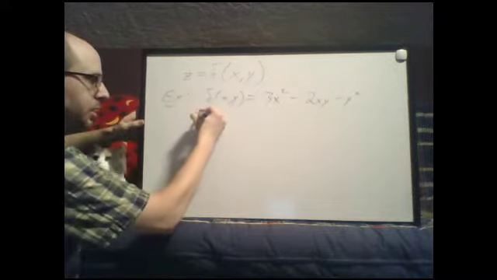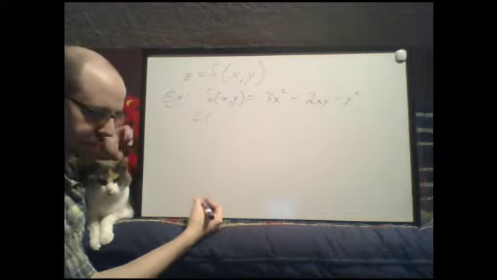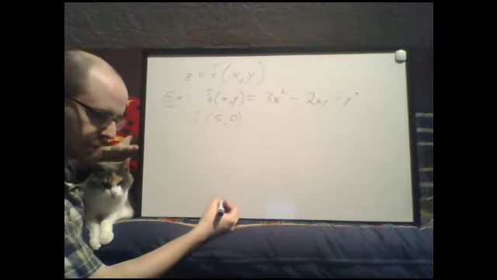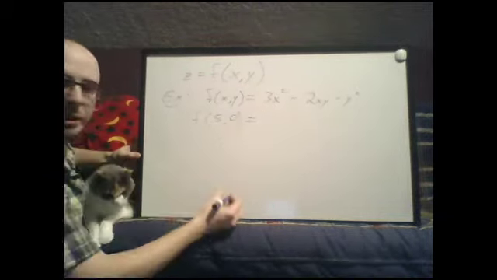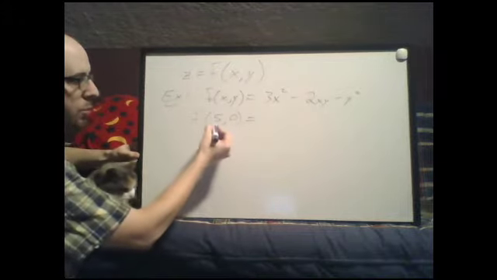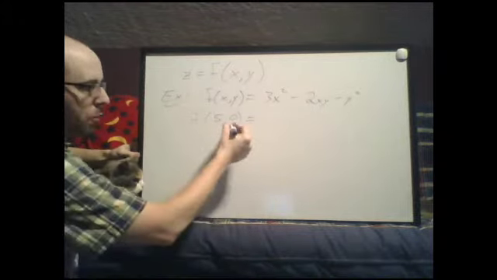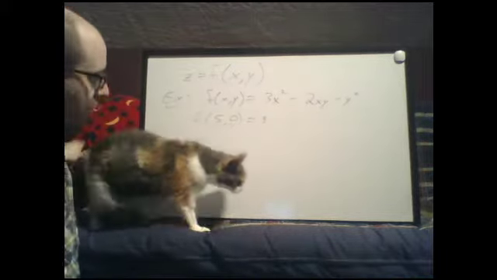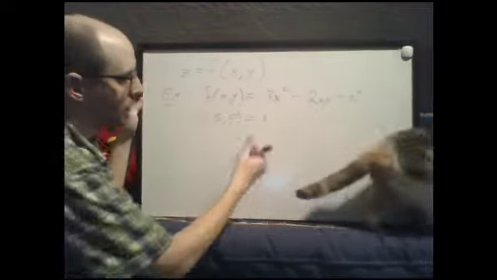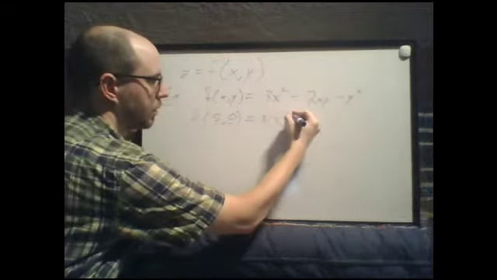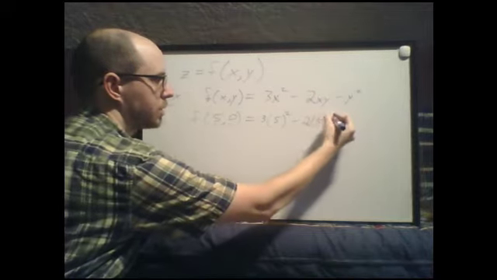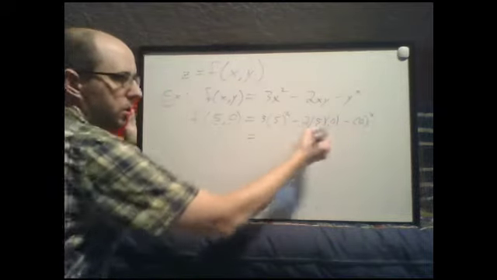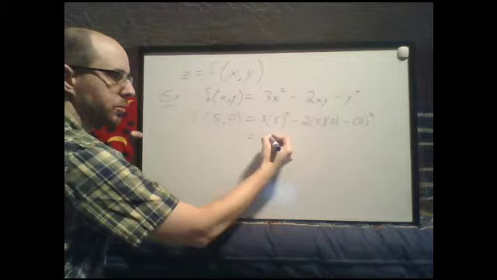Then calculating stuff, our easy kind of problem is just given an input pair. So f of 5, 0, for example, this is just a calculation problem. Every x in my formula gets replaced with a 5. Every y in my formula gets replaced with a 0. So this becomes 3 times 5 squared minus 2 times 5 times 0 minus 0 squared. This is all 0, so we get 5 squared is 25 times 3 is 75.